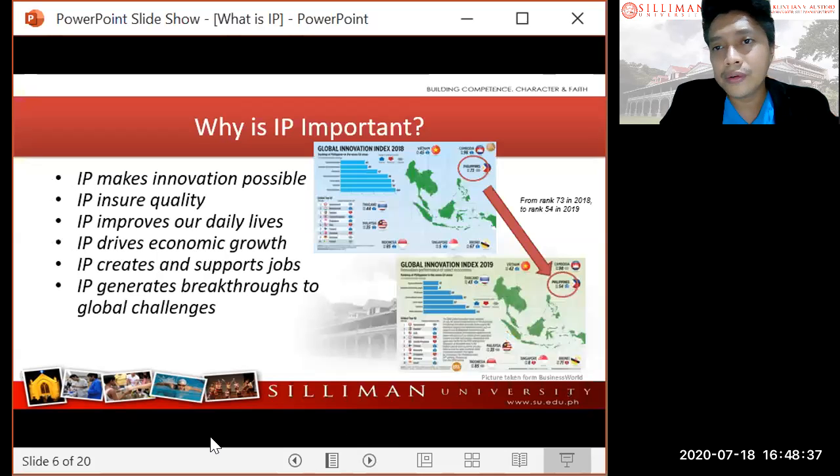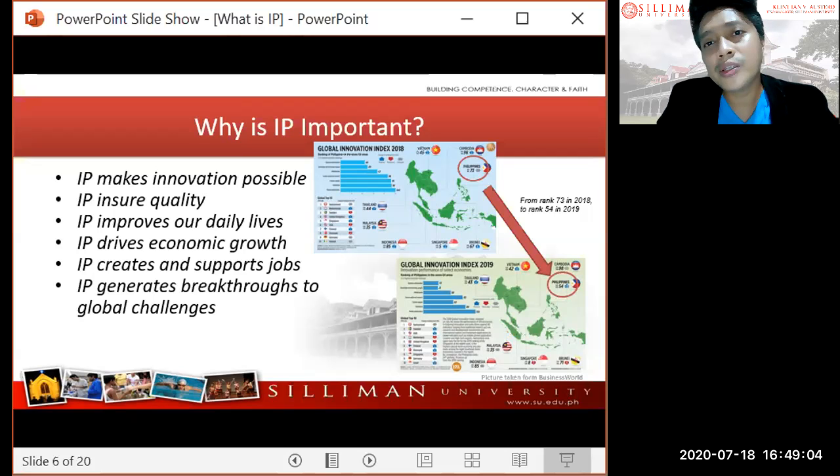Also, you can see in the next slide that the Philippines is growing in its Global Innovation Index. In 2018, we were ranked 73, and now we are ranked 54 in 2019. We can see in this graph that the country is pushing into innovation.